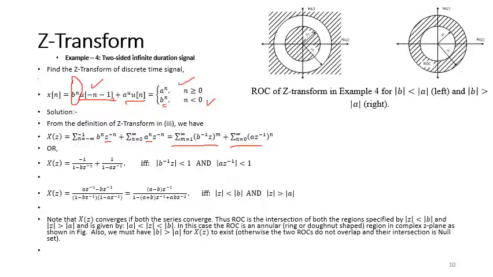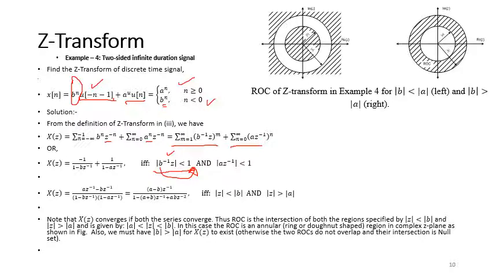So we have the region of convergence for the first part, that is, absolute of b inverse z should be less than 1. So if I bring b inverse to this side, it will become b.